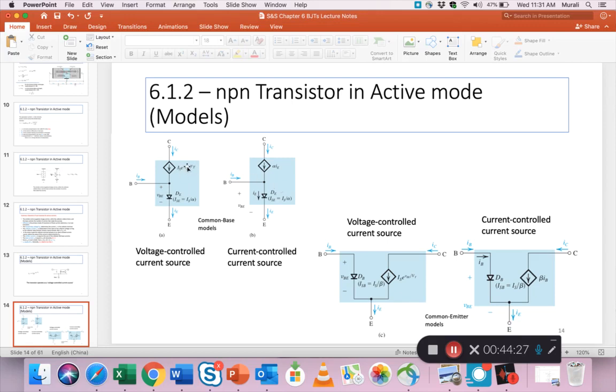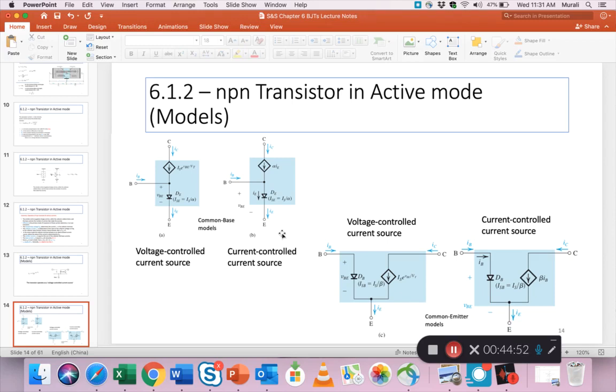Then if you convert this collector current into something that relates to the emitter current, IE, using alpha, IE we know is also a dependent source, right?